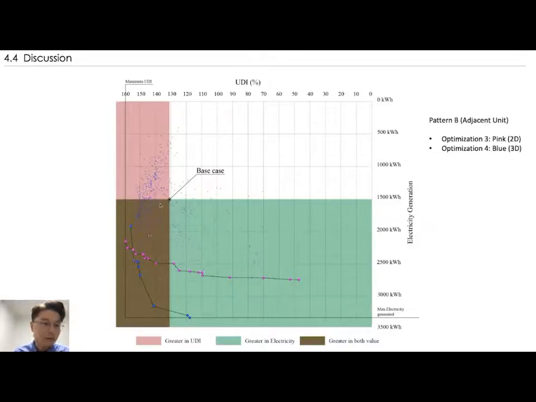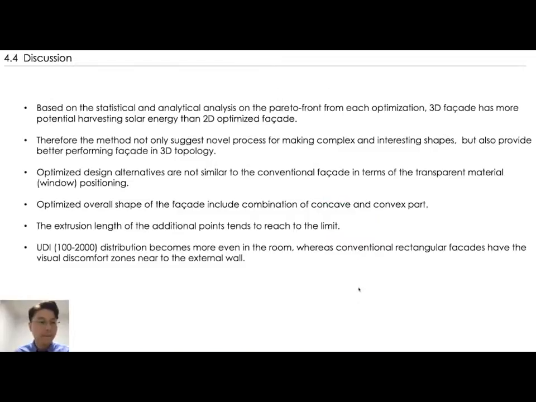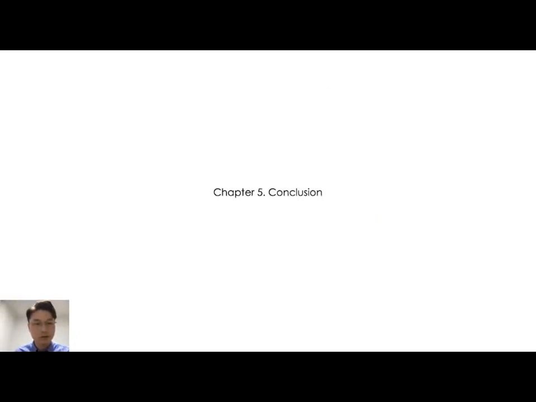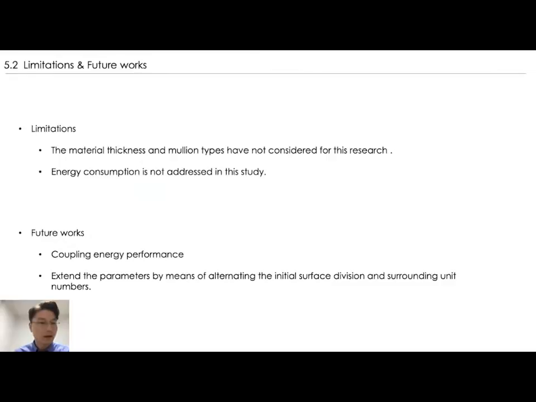So if you choose from this brown area, you will be able to design a much better building facade than the base case, for both light and energy harvesting. So this is the discussion, and I showed that the 3D facade pattern generation works better than a normal facade.